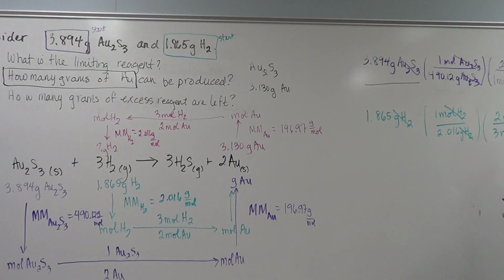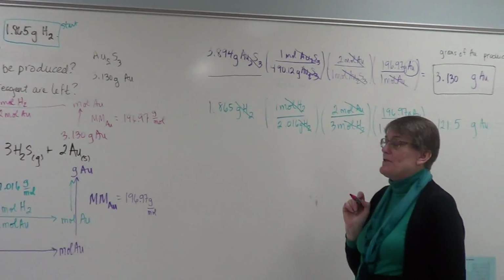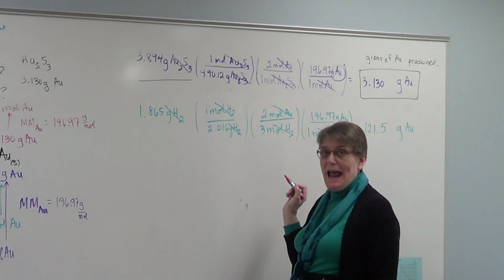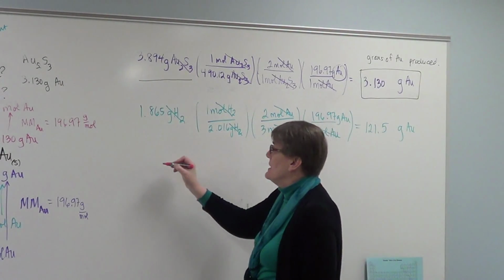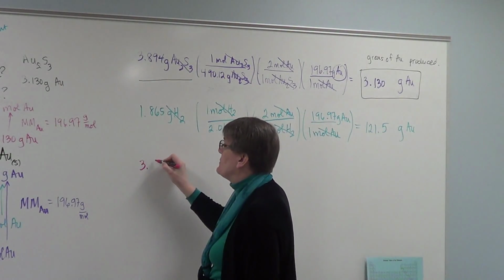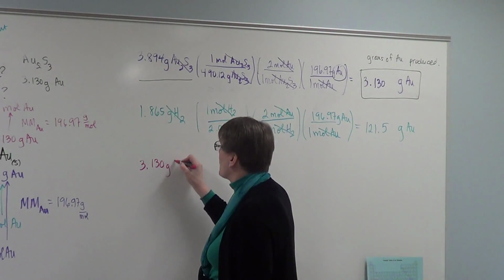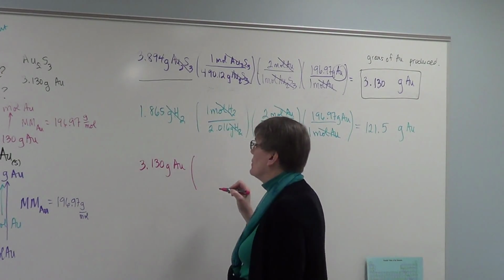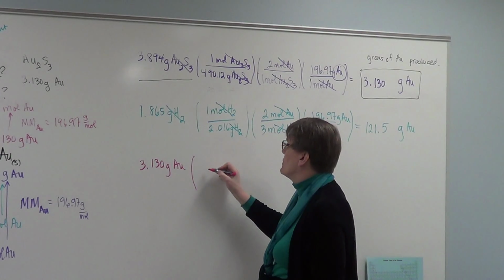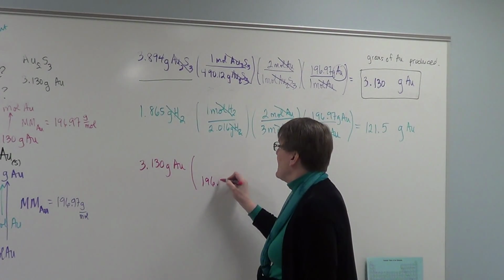So we do exactly the same kind of problem. We start with the grams of what we know, and we end with the grams of what we want. So we know we're starting with the 3.130 grams of gold. Convert grams of gold to moles of gold using the molar mass.